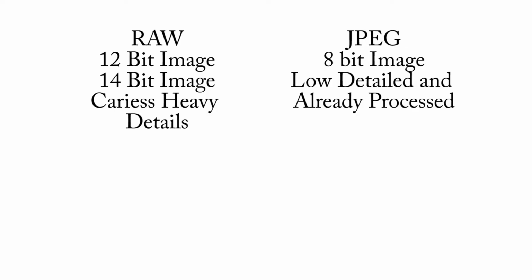And then the second difference between them is that a RAW file holds a lot of detail in its shadows and highlights. Let's consider you are a beginner photographer and you don't know much about the exposure triangle, which by the way you should know.